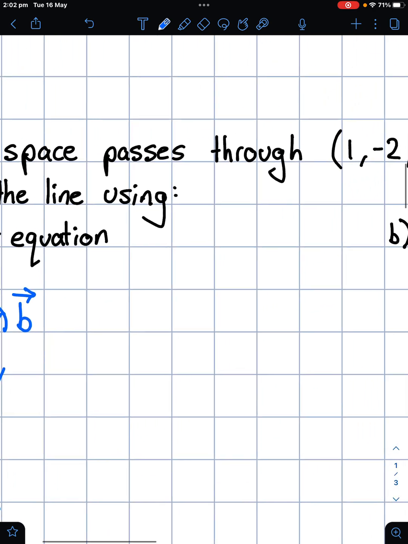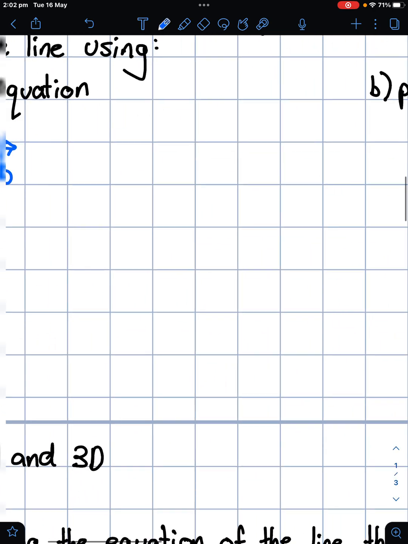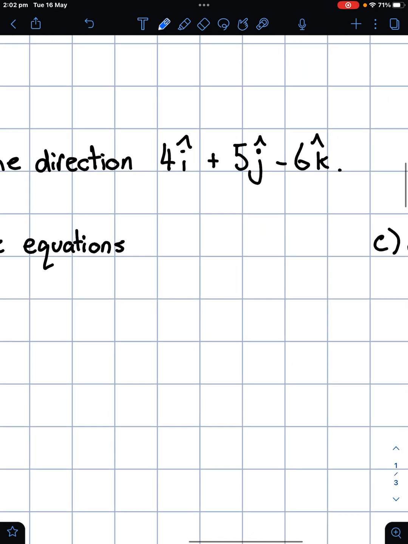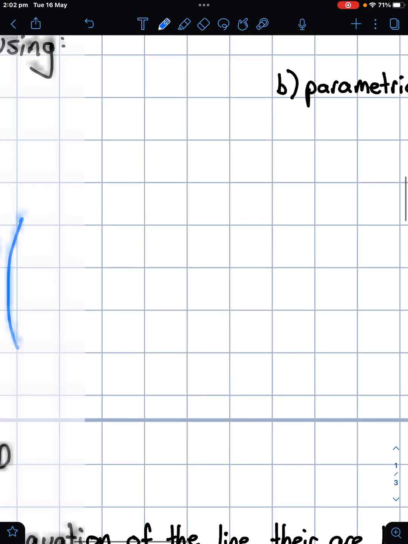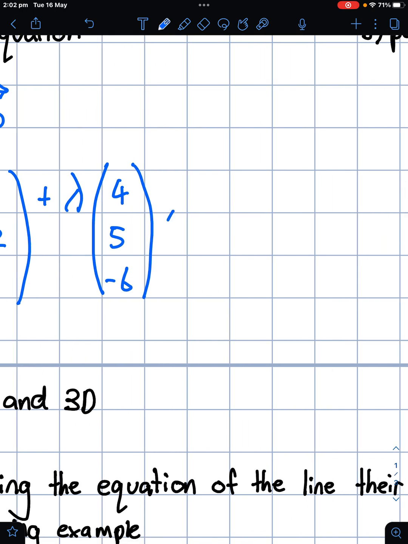Let's find our fixed point. It passes through this point, 1, -2, and 3. So we're going to have 1, -2, and 3 plus lambda, and now we need our direction vector, which is 4, 5, and -6. Then we just need to define that lambda here is going to be a real number.